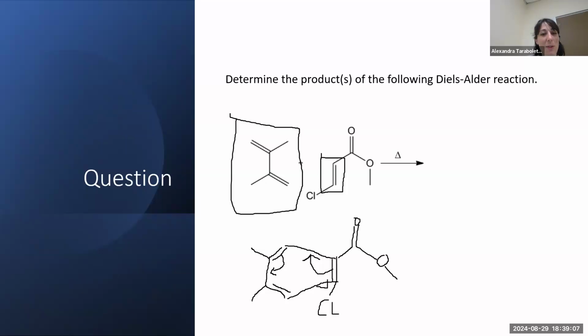So what you end up getting is a 6-membered ring, and your double bond moved there. These bonds, though I stretched them out right now, are newly generated bonds. But you can see the 6-membered ring that is now generated is here.